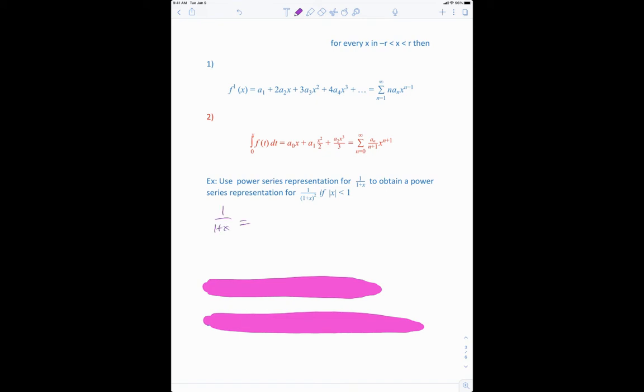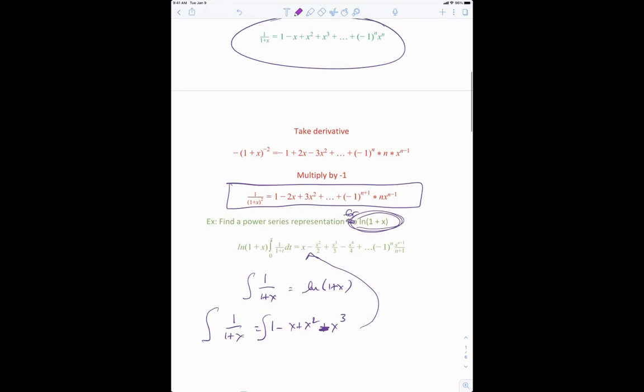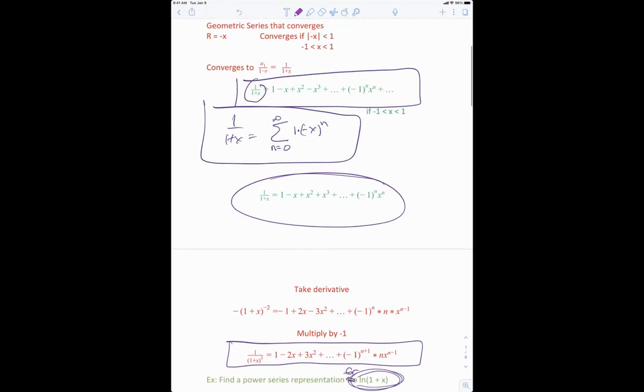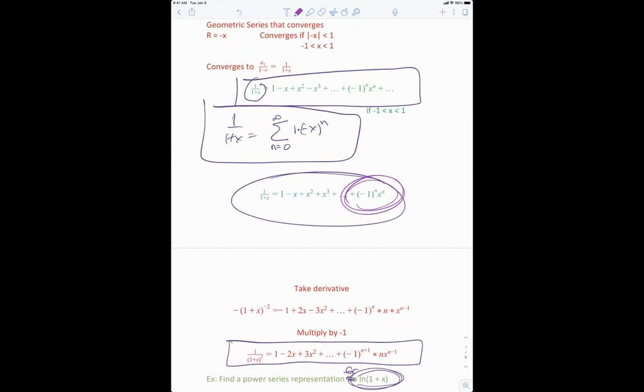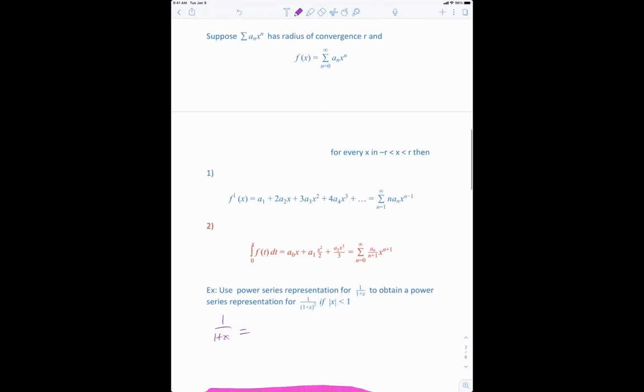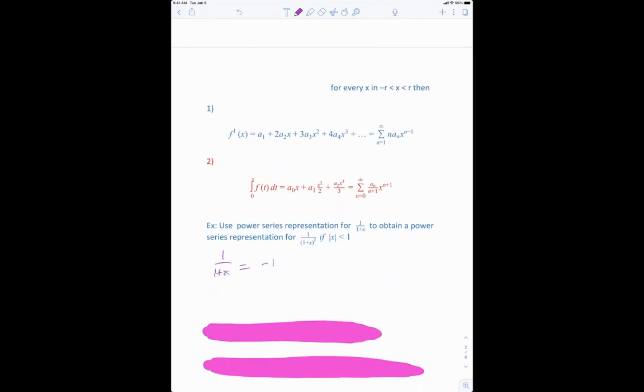We know from that theorem that 1 over 1 plus x is the sum of negative 1 to the n, x to the n, which is also 1 minus x plus x squared minus x cubed, dot, dot, dot.